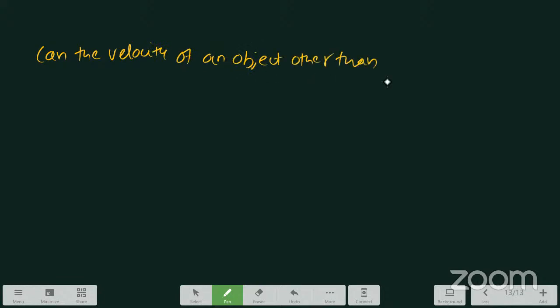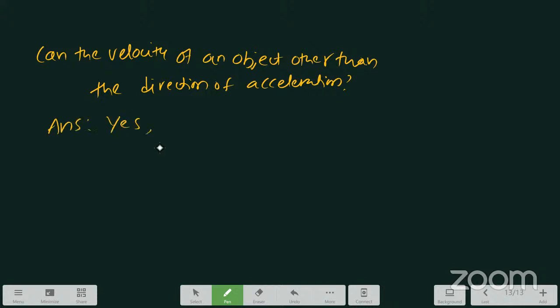Next question, student. Can the velocity of an object be in a direction other than the direction of acceleration? So velocity direction, acceleration direction, different directions, possible or not? So the answer starts with yes. Yes, meaning velocity direction and acceleration direction are both different.